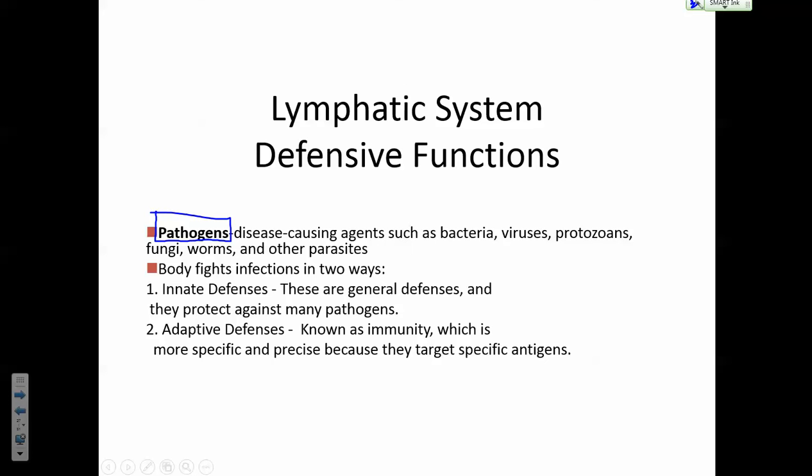If it causes you to produce antibodies against it, it's called a foreign antigen. We talked about that in the last unit when we were doing the blood group antigens. So today I want us to just look at the innate defenses, and then next time we'll focus on immunity, which is the adaptive or specific defenses.